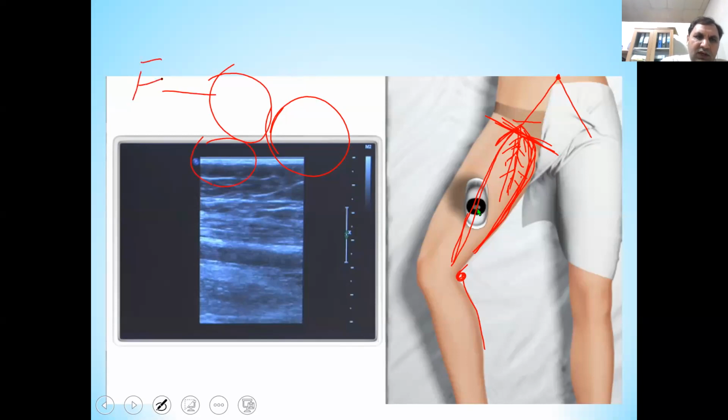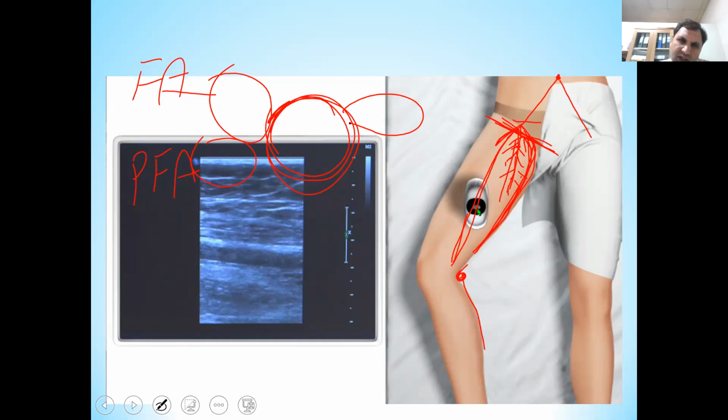So this is the femoral artery and this is the profunda femoral artery. And the great saphenous vein is joining the common femoral vein. This is the common femoral vein, joined by the great saphenous vein from the medial side. So this is the exact appearance of these vessels at the inguinal crease.